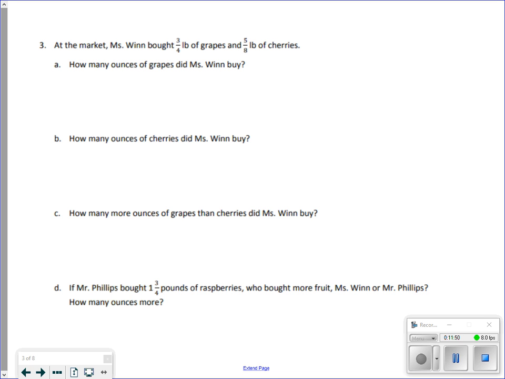How many ounces more? For D, we found 4 different ways to find the answer. There were 4, and some were easier than others. And of course, mine, they felt that was the more complicated way, but did it get the right answer?